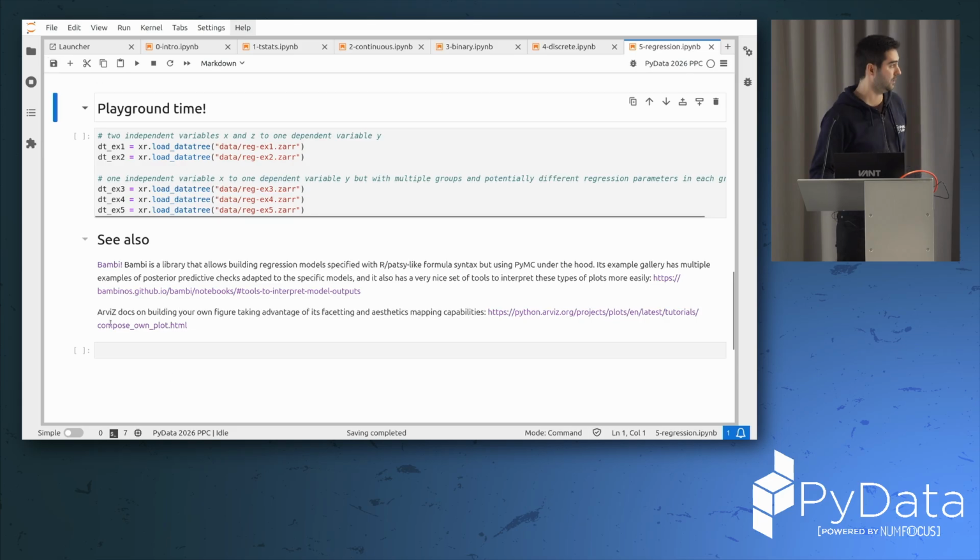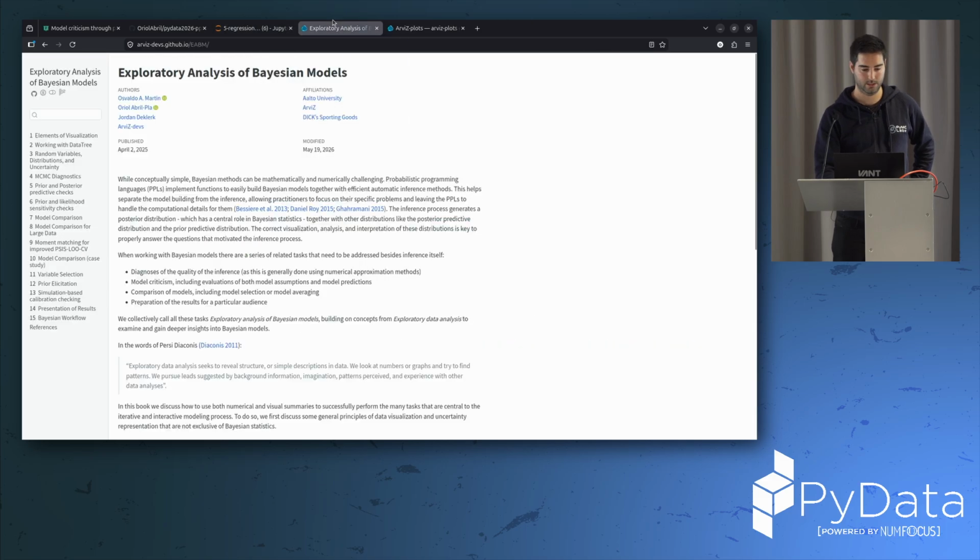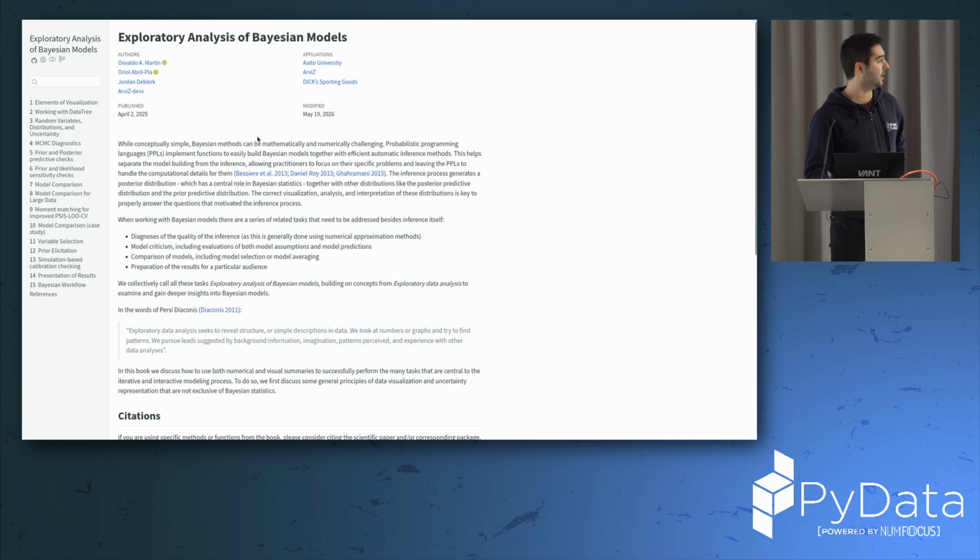I added some references on the different notebooks. The main one is this, which is like an online book that we have explaining the concepts around ArviZ, not so much the ArviZ actual usage.